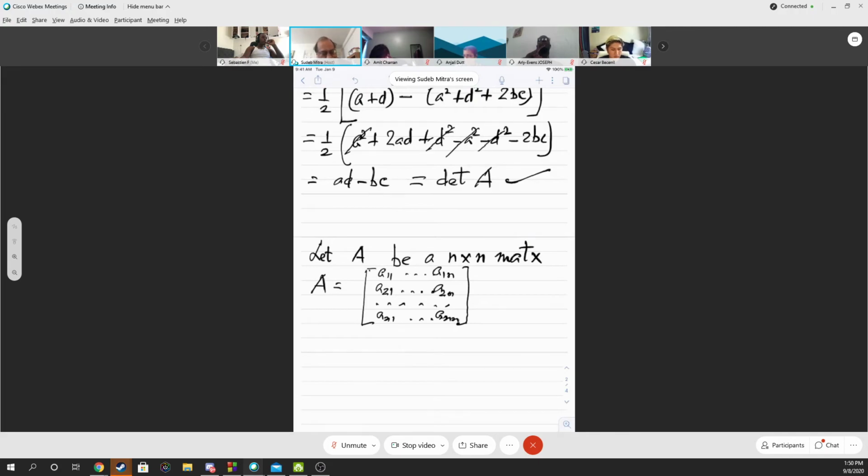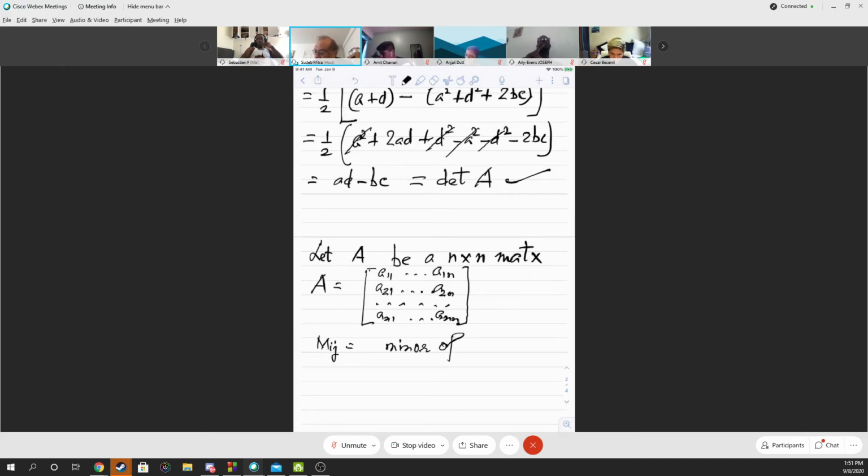Now there is a typical element Aij. Mij is the minor, and I have to explain what that means.